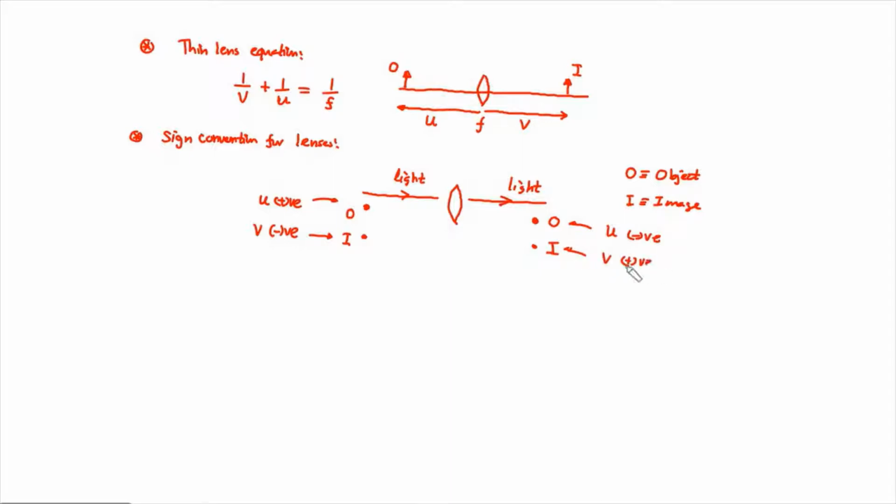So image distance is positive, object distance is negative. Remember, in these two cases light goes from left to right, and the direction of the light is very important. So that's the second idea that you need to know. The third one is the composite lens equation.